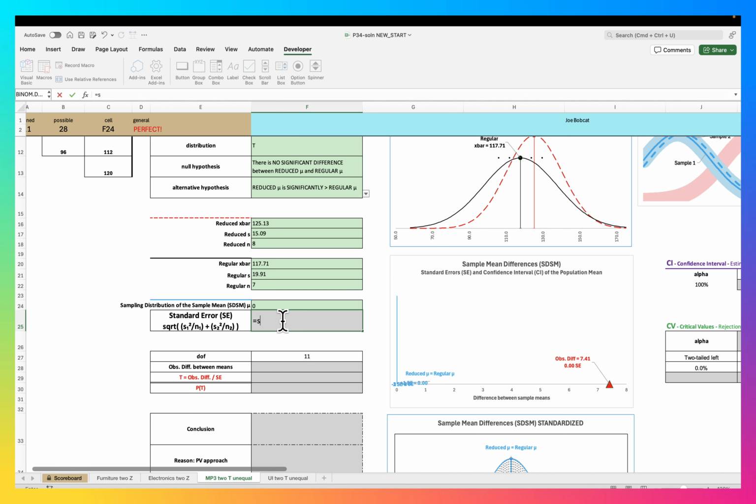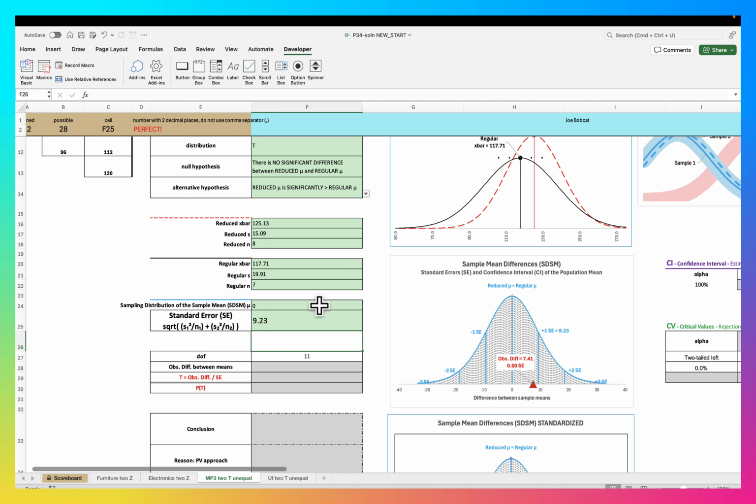The calculation here is very similar, except now we're substituting the sample standard deviation instead of the population standard deviation because we don't have it, which makes the test less precise, but again, still good enough that we can make strong conclusions. And then our observed difference here is this minus this.